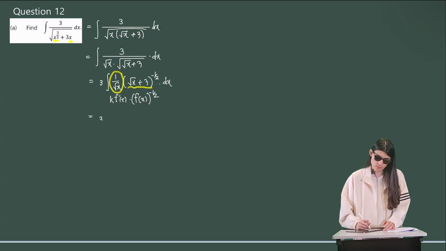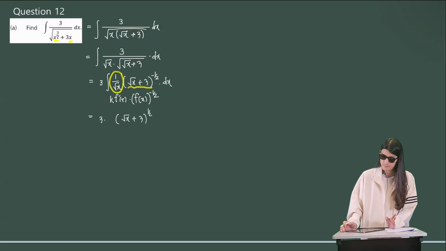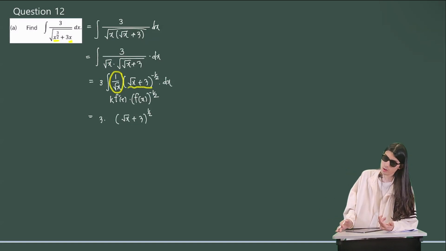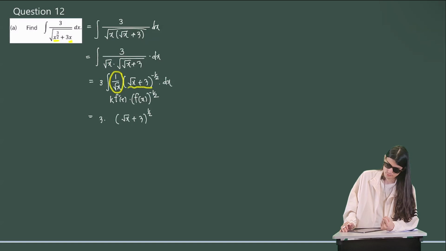So what we would get is square root of x plus 3 to the power of positive half, because the power goes up by 1 when you do the integration and apply the reverse chain rule.